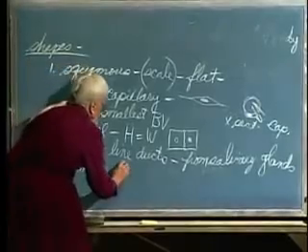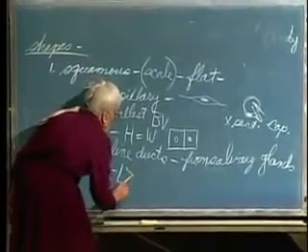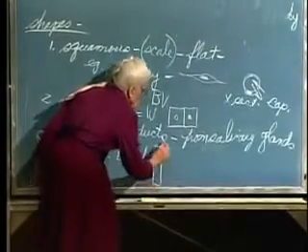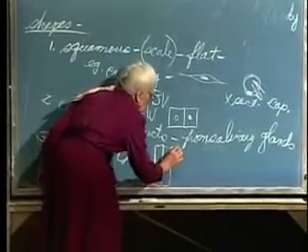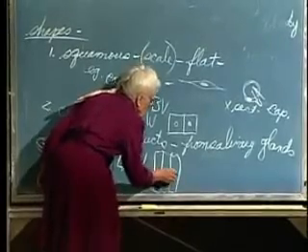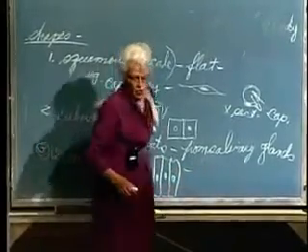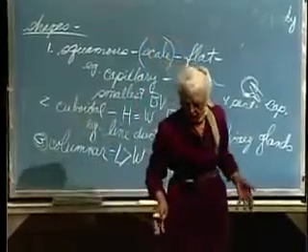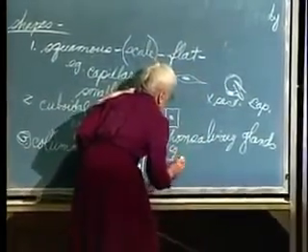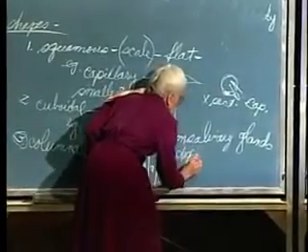So the length will be greater than the width. Columns. And our example will be the digestive tract.